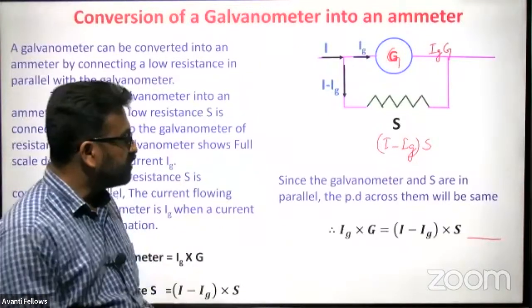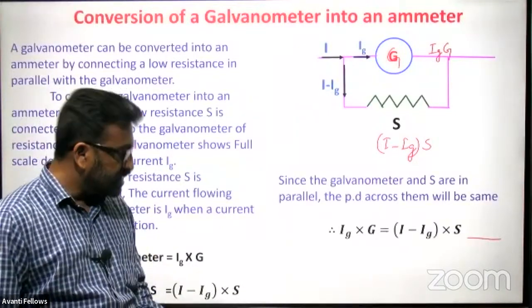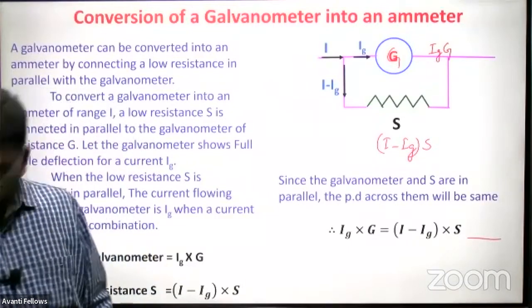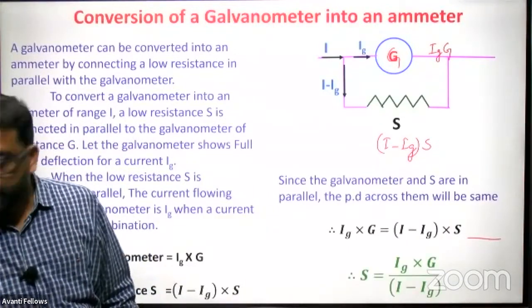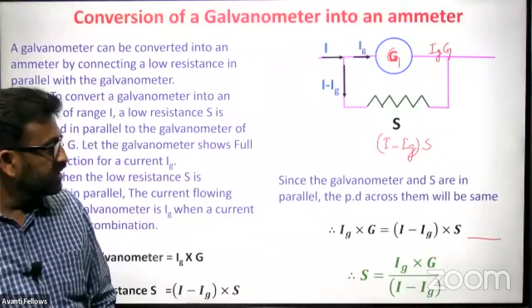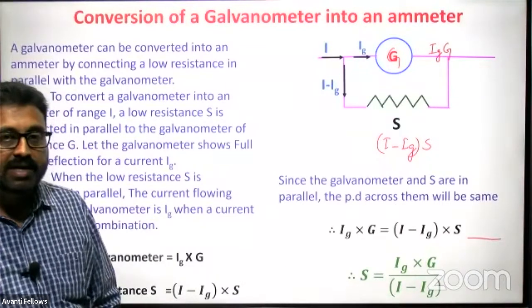So Ig multiplied by G equals I minus Ig multiplied by S. There we get the value of S equals Ig into G divided by I minus Ig.